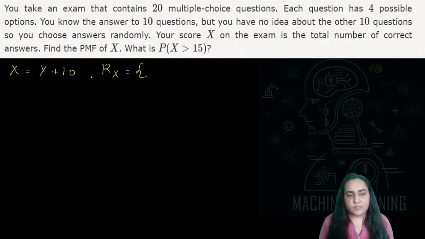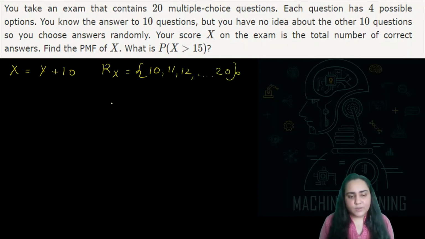Remember, x is y plus 10, and so the minimum score I can get is 10 if all the other randomly selected answers are incorrect. So I can have 10, 11, 12, and so on, and the maximum I can score is 20.